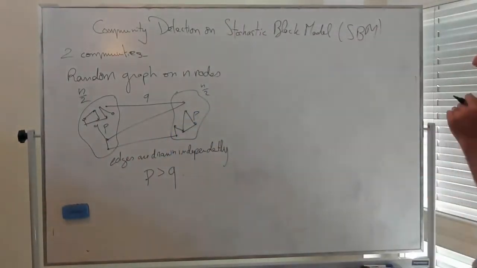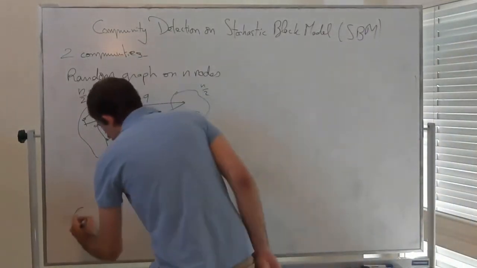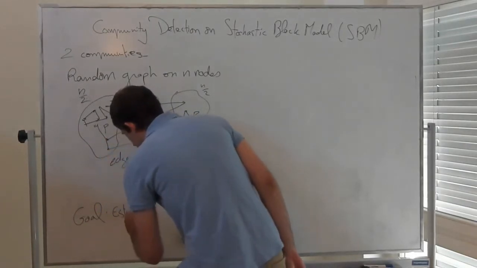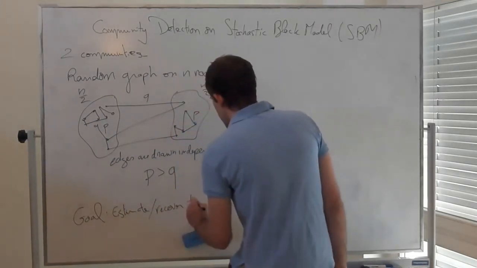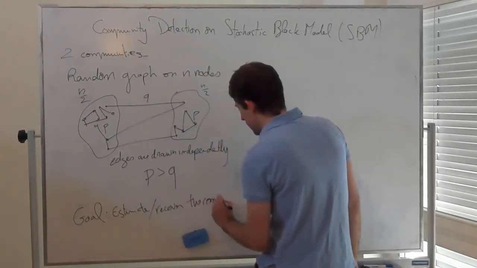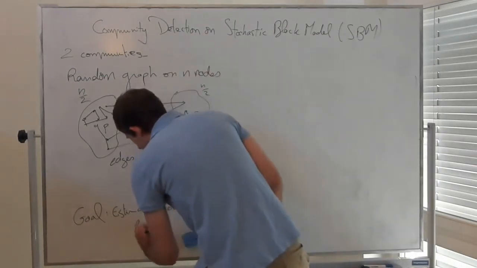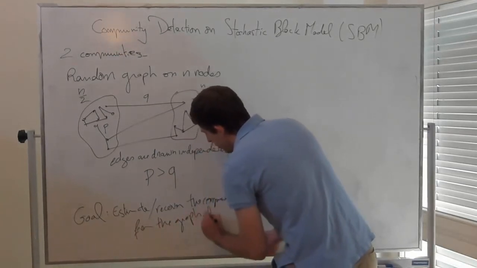Okay. And now this is the random model, and now the goal is to estimate or recover the communities from the graph alone.